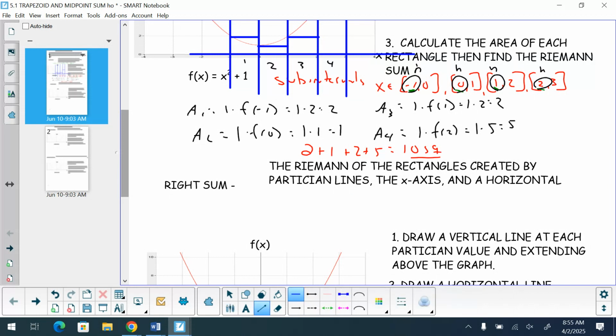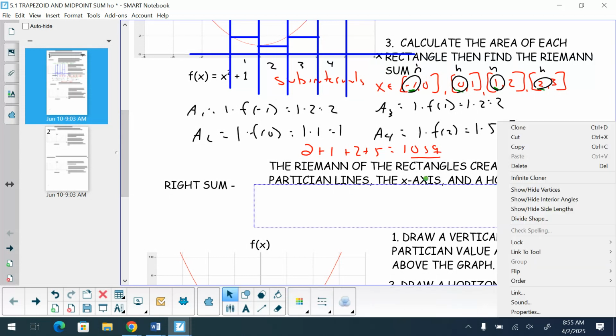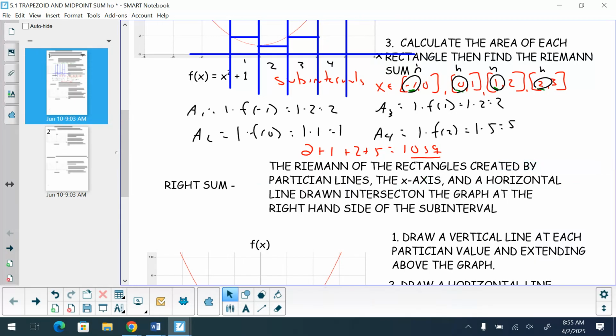We can also deal with the right sum, which is the exact same definition that we just wrote down up top. But now, we just have the right. So it's a line drawn intersecting the graph at the right-hand side of the subinterval.